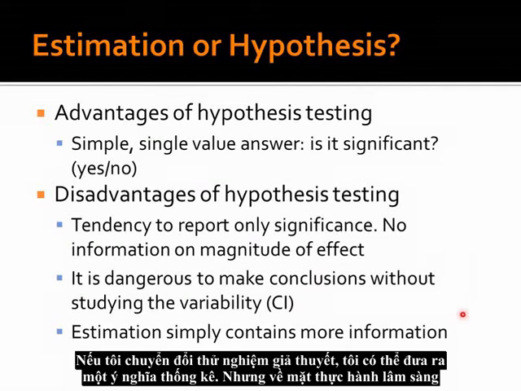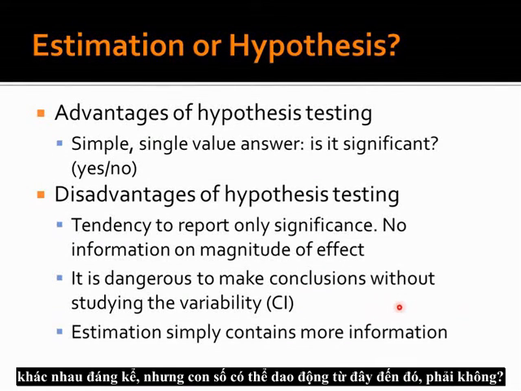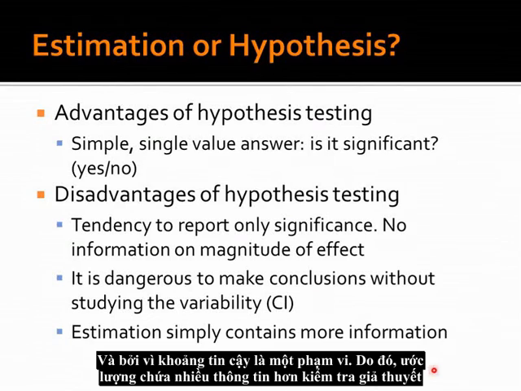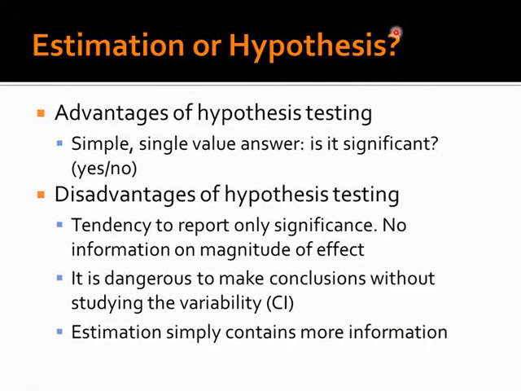But in terms of clinical practice, yes, it's significantly different, but the number may range all the way from here to there, which might be more important than actually knowing whether it's significantly different or not, right? Because the confidence interval is a range, estimation simply contains more information than hypothesis testing.